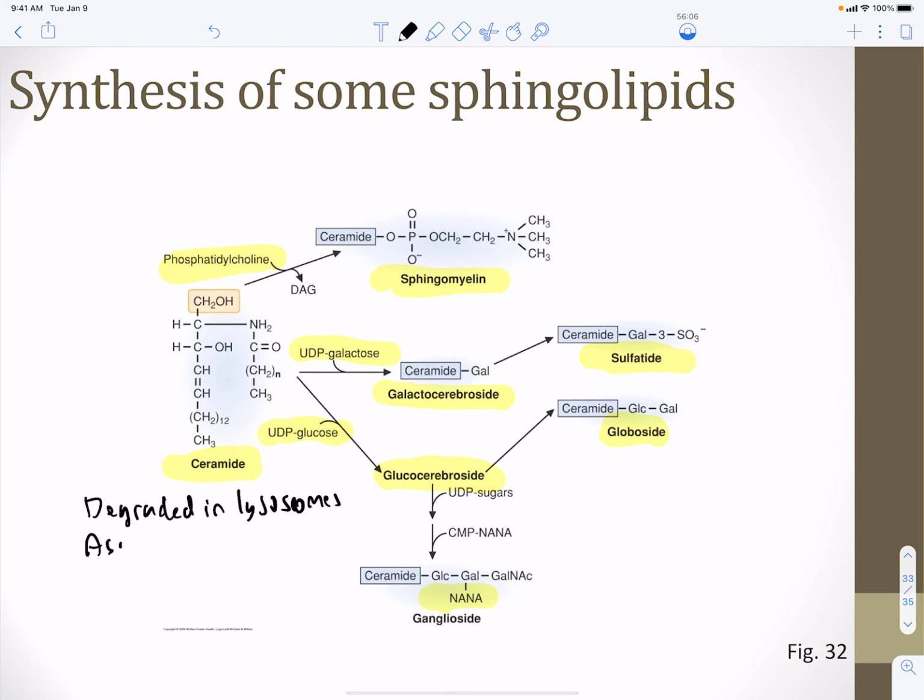And they're associated with diseases. So if you have deficiencies in being able to degrade ceramides and sphingolipids, then you're going to get accumulation and have various forms of diseases.